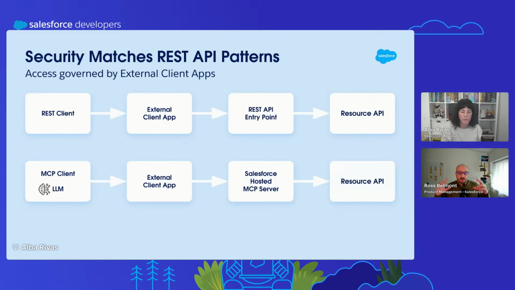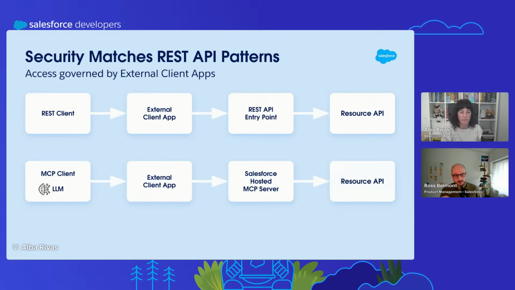So this helps understand how and why all the existing CRUD, FLS, etc. controls apply, because they apply the same way as if you would have hit those same APIs over REST for that user. The external client app also has the settings that define the fact that per-user OAuth is the only supported mechanism right now.